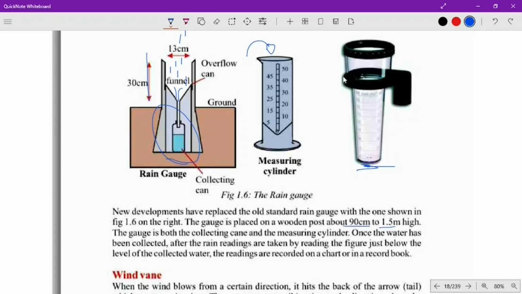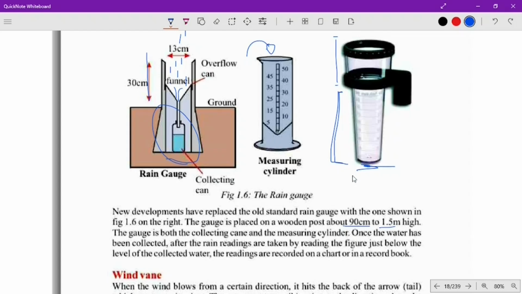Here you can see this part, which is the collecting can, and this part, which is graduated, which means it has got some readings. This is for measuring.